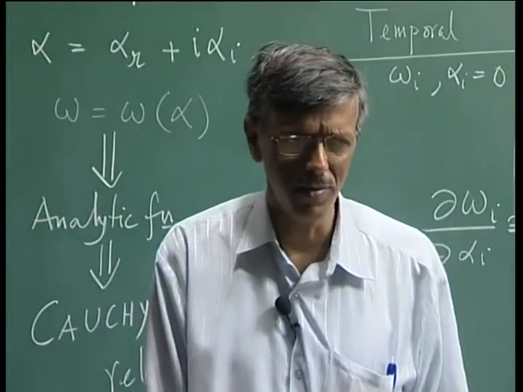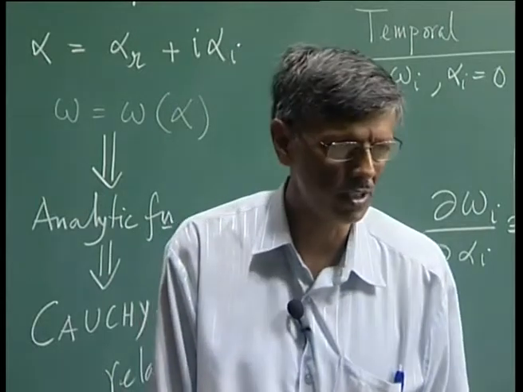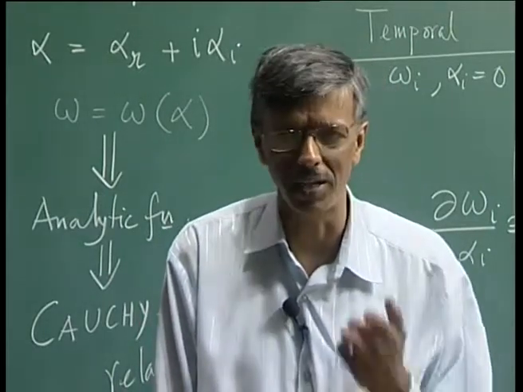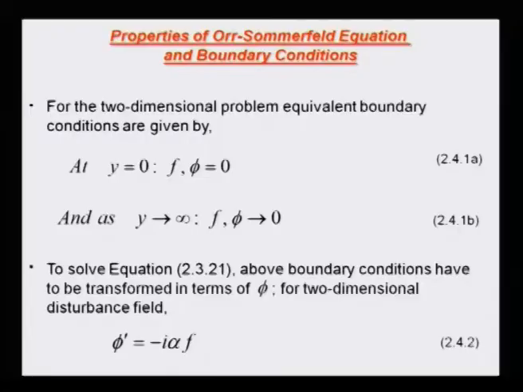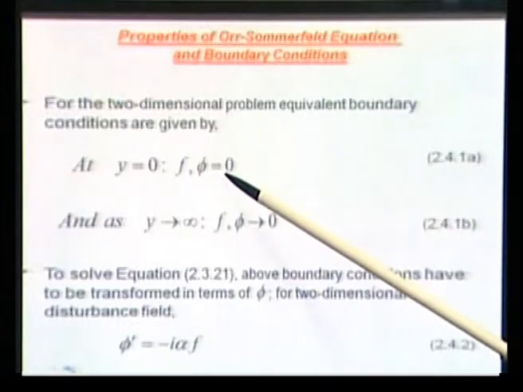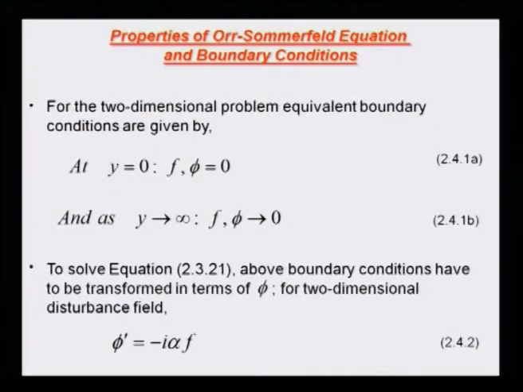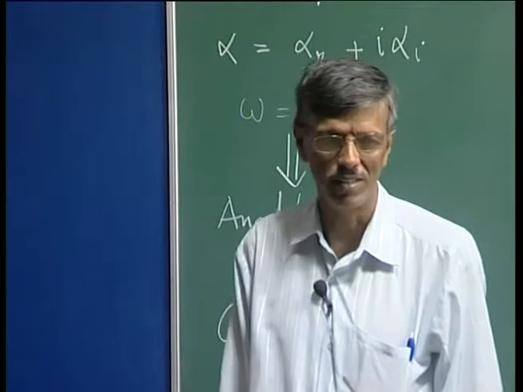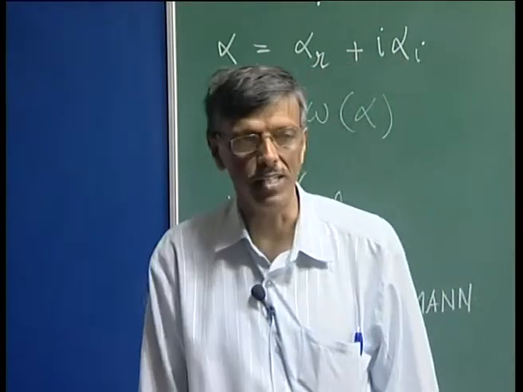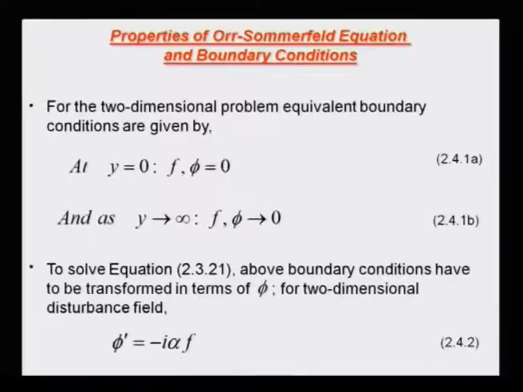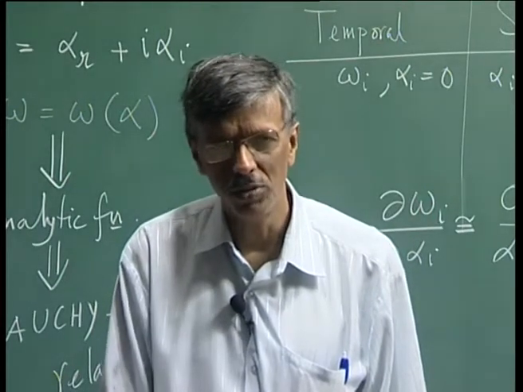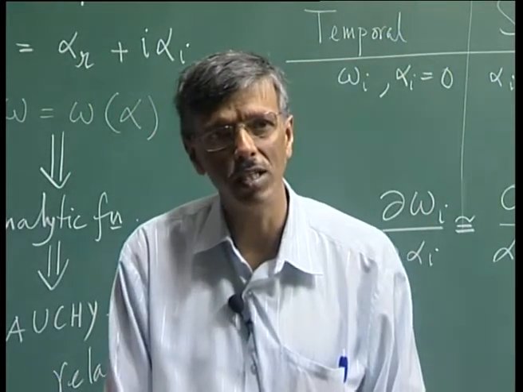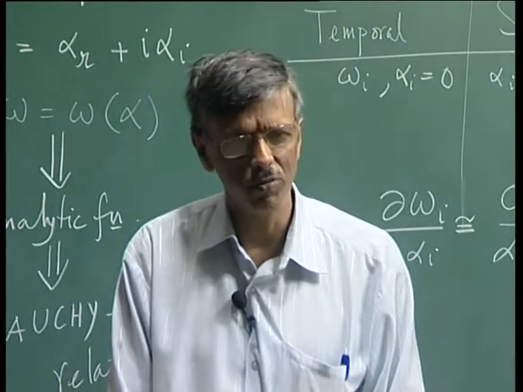Essentially, if I have a flow that is unstable, and if I want to see its manifestation, I must have some kind of excitation. So, what I will show you very shortly is that I will provide some kind of excitation at the wall, and I will show that those instability waves are getting created because of that. And I told you very clearly, you have to appreciate the fact that instability theory was propounded in the early part of the 20th century, but people had to verify it experimentally, and that took roughly about 40 years.